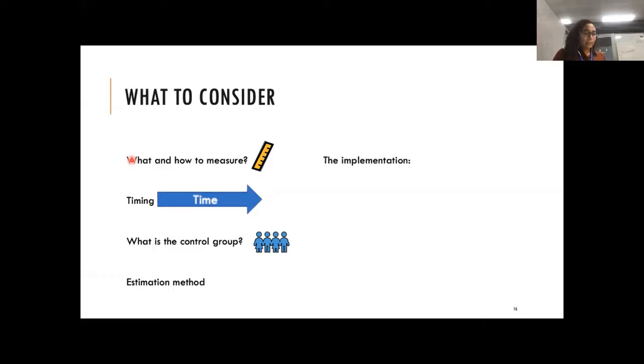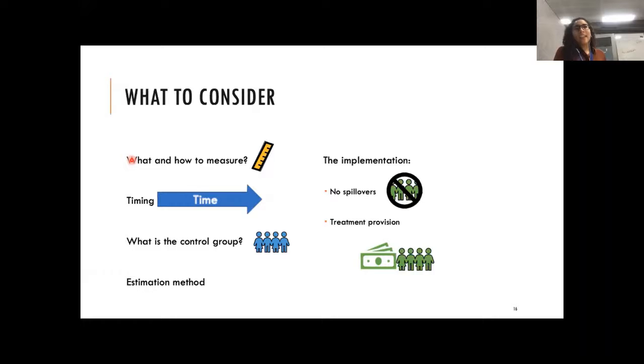We also need to be careful about the implementation. We need to make sure that only our participants get the treatment, that is, there are no spillovers, and that those who are supposed to get the treatment actually get it. For example, with conditional cash transfers, if we give the money to the family, we need to make sure the money goes to the member of the family who is actually making decisions about school attendance, and not to a person who will just do whatever with the money and we wouldn't see any outcome.